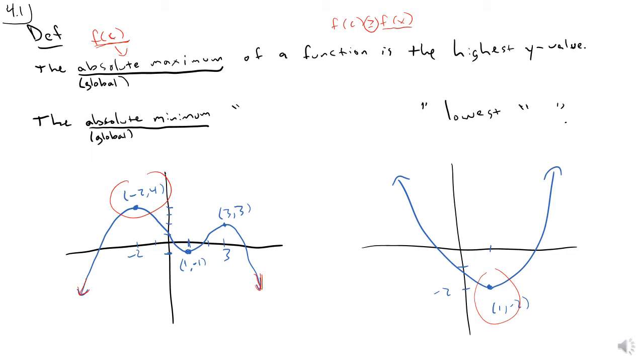So again, on this first graph on the bottom left, our absolute max would be 4, and our absolute min, there isn't one. I can do a little bit more with describing the absolute max here. Instead of just telling what the absolute max is, I can also tell where it happens, where that max is achieved. The absolute max happens when x is -2.